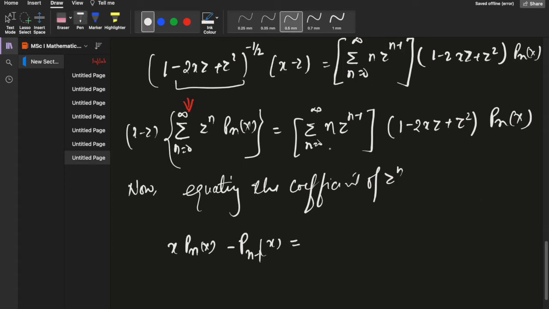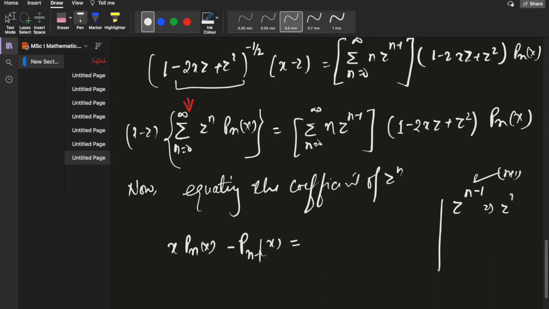For the right hand side, if I multiply this term with our first term of this, so we will have what? For z to the power n, n must be n plus 1 here. This is in series form. So in this form, where we find z to the power n, the value of n must be n plus 1.